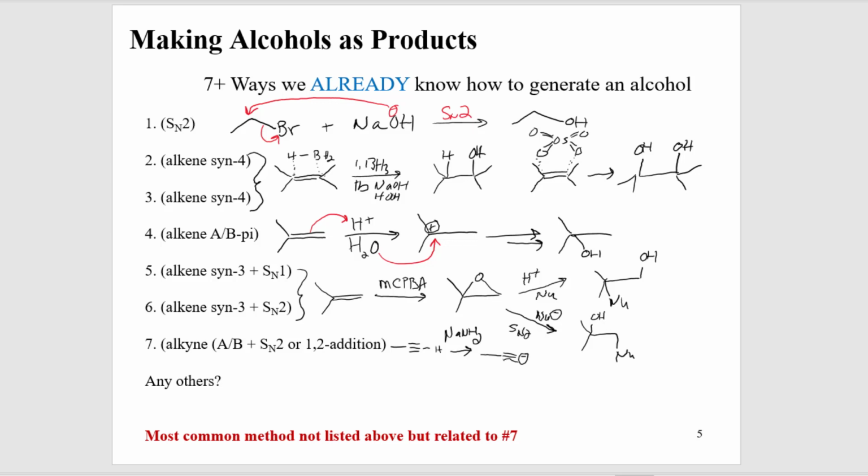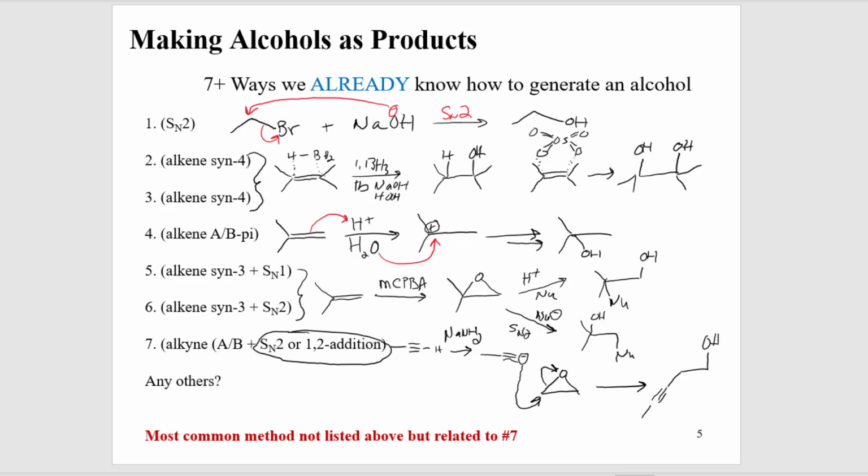And so you guys had the choice of doing 1,2 additions or SN2 chemistry with it. Basically, I can take my carbon minus and I can do SN2-like chemistry on an epoxide, opening the epoxide up and after workup giving me the alcohol.